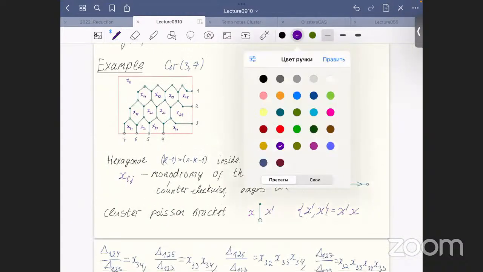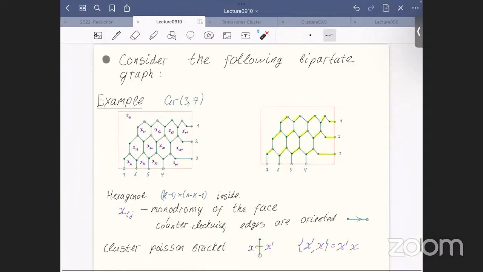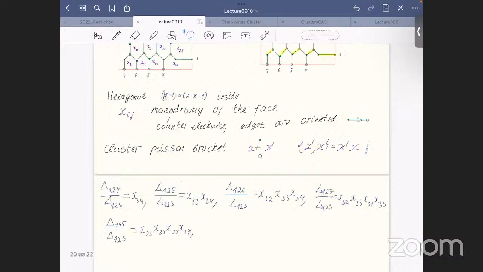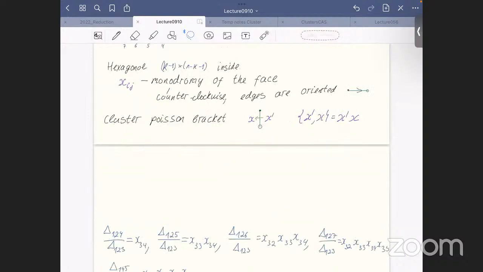So my standard convention is that edges of the quiver go clockwise around black vertices and counterclockwise around white vertices. The only thing to point out. Okay, let me move on.